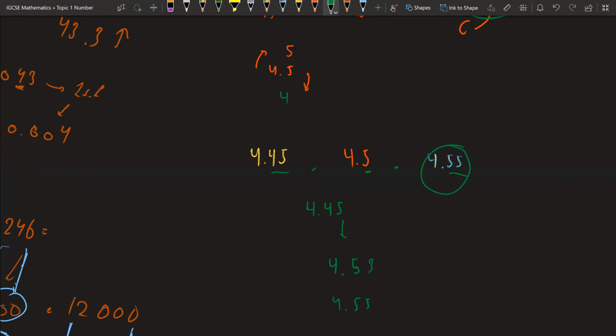It cannot be that. But this is the minimum. It can be this. So it includes from that value to somewhat before 4.55. Okay, so the range is 4.45 up to 4.54 or 4.544 or 4.5449. We are using 3 significant figures here.